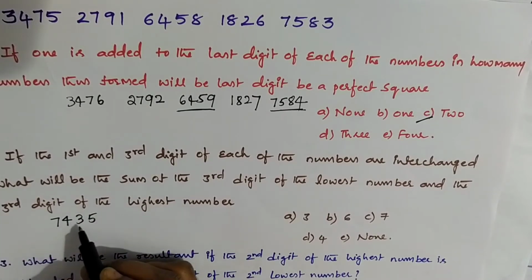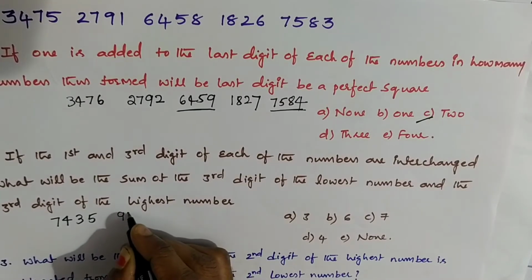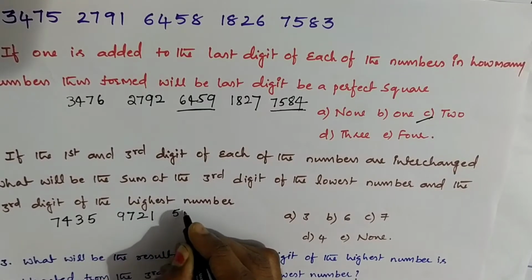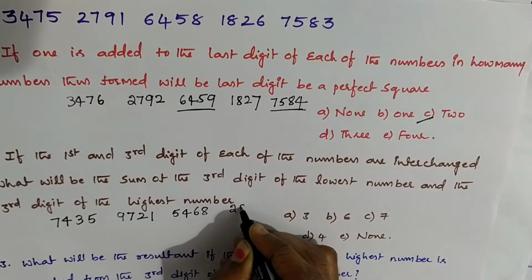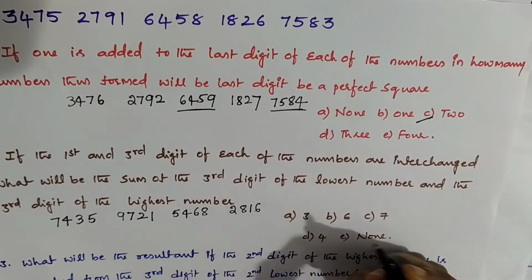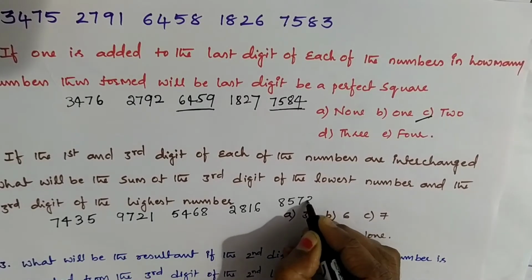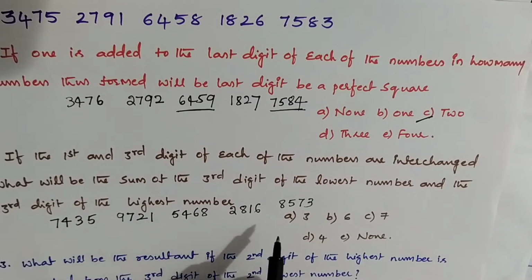I am changing the first and third digit places. The next number, 9, 7, 2, 1. 5, 4, 6, 8. 2, 8, 1, 6. And 8, 5, 7, 3. These are the numbers after changing the first and third digits.